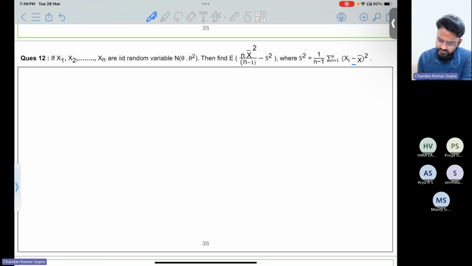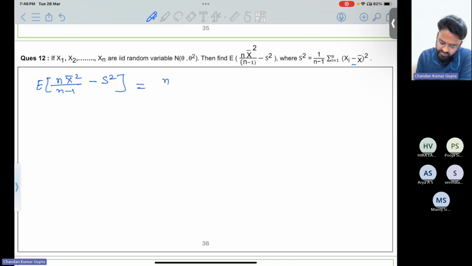So first expectation of this, expectation of S square. We need to calculate the expected value of n x bar square upon n minus 1 minus S square.